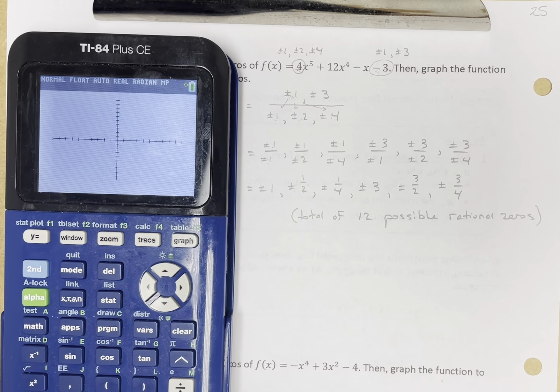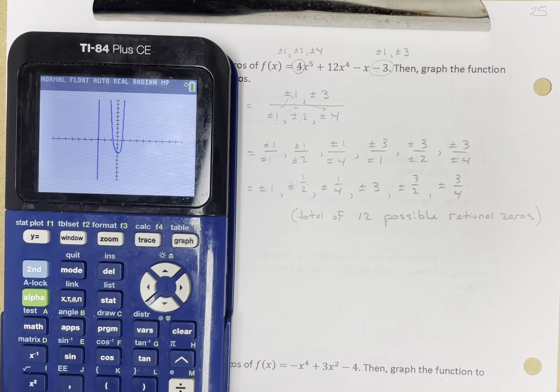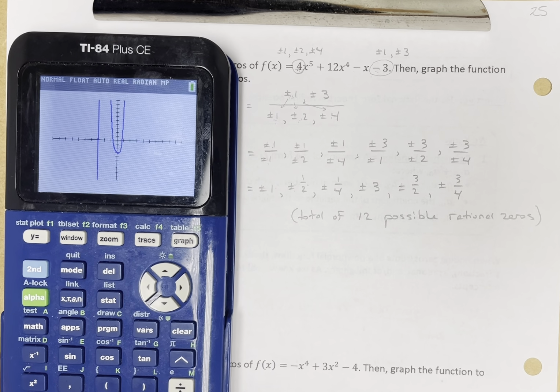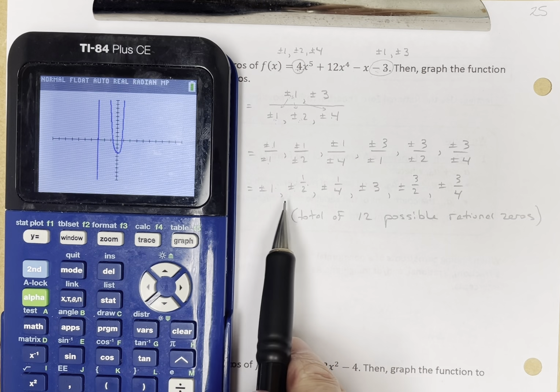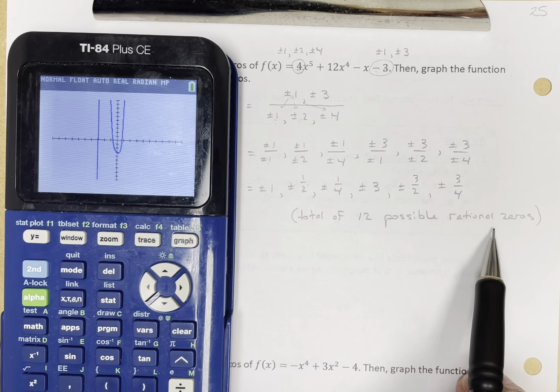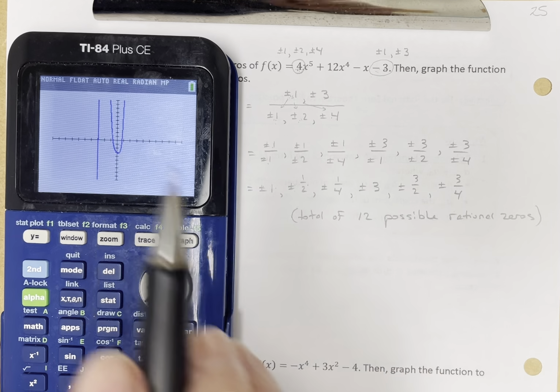Here's our graph. Maybe, there it is. Okay. So, we have 3 real number zeros. That includes rational and irrational. Okay. And let's see which of these total of 12 rational zeros is actually in the graph.